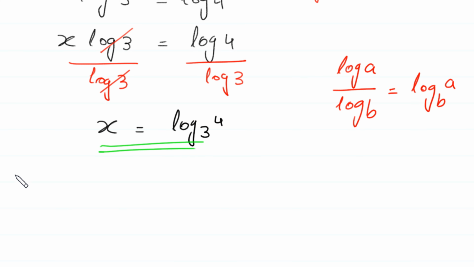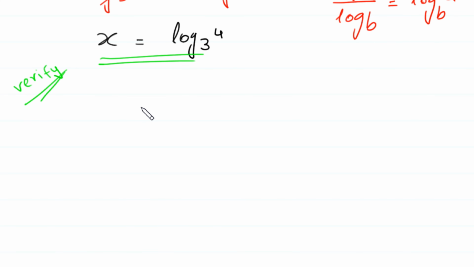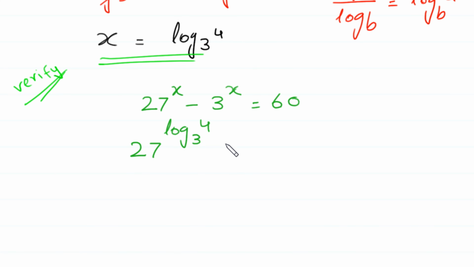Now to verify this value of x, we put this value in the original equation. The original equation is 27 to the power x minus 3 to the power x is equal to 60. In this equation we put the value of x, log base 3 of 4: 27 to the power log base 3 of 4 minus 3 to the power log base 3 of 4 is equal to 60.